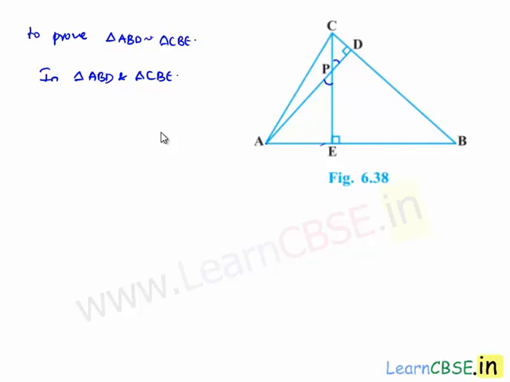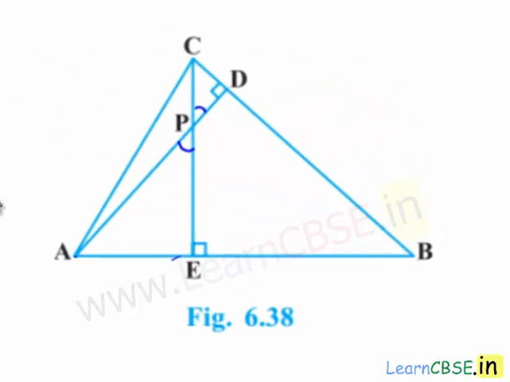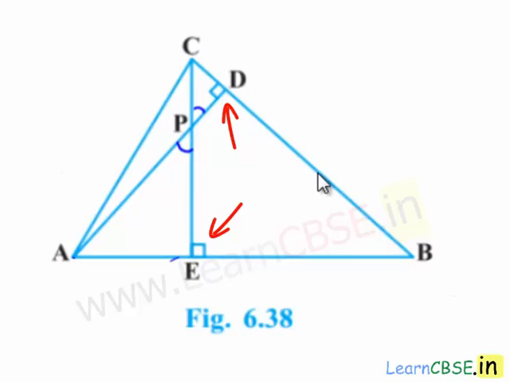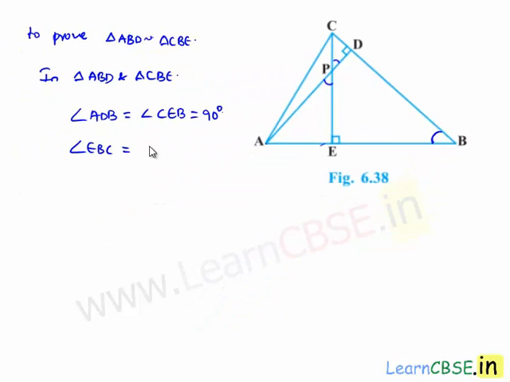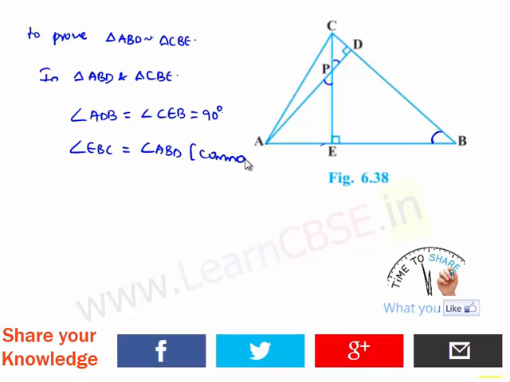So in this, if we consider angle ADB is equal to angle CEB is equal to 90 degrees, as CE is perpendicular to AB and AD is perpendicular to BC. And in both the triangles, angle B is common, that is angle EBC is equal to angle ABD, since it is a common angle for both the triangles.